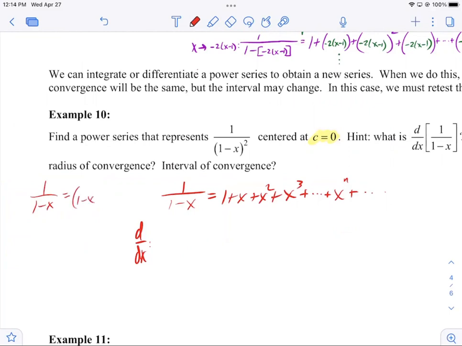You could use the quotient rule, but it's probably faster to write it as (1 minus x) to the negative first. So if I were to take the derivative off to the side, that would be negative 1 times (1 minus x) to the negative second. There's that negative right there. I should make it a little bit more prominent. There we go.